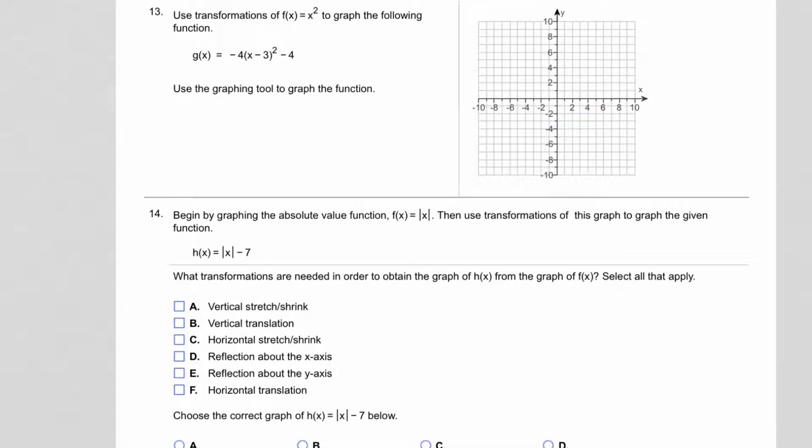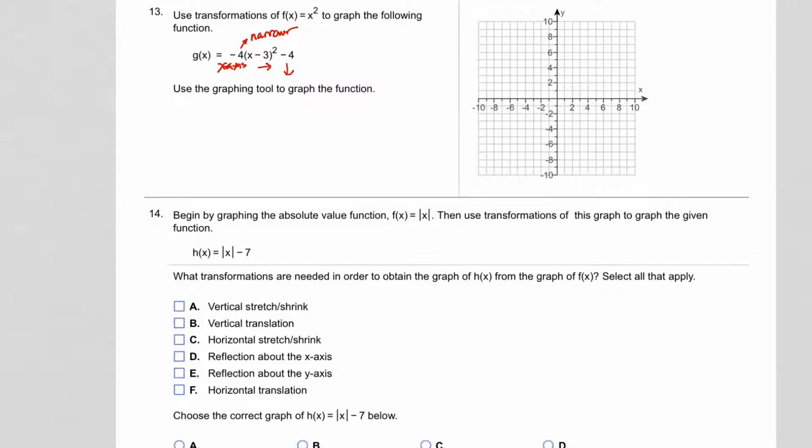All right, so let's take a look at number 13. We have various things once again. So we're going to reflect it over the x-axis. We're going to stretch it or make it look narrower. We have to go to the right and go down.